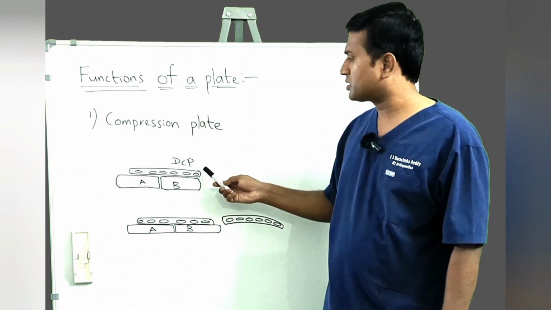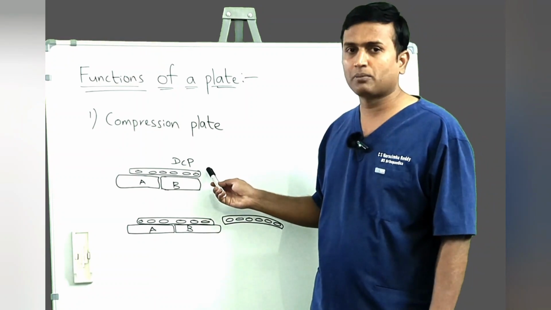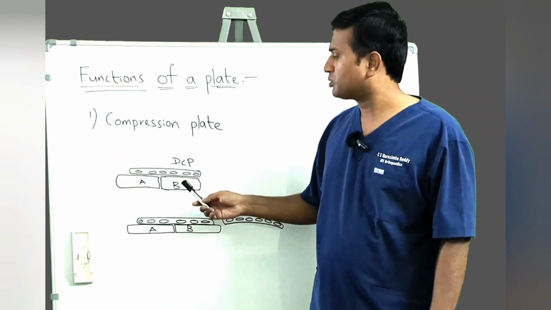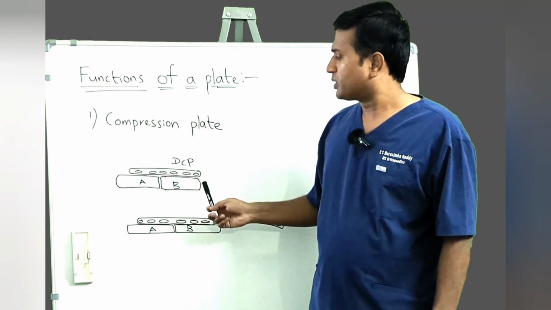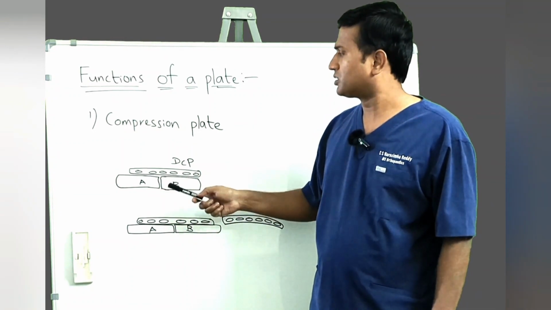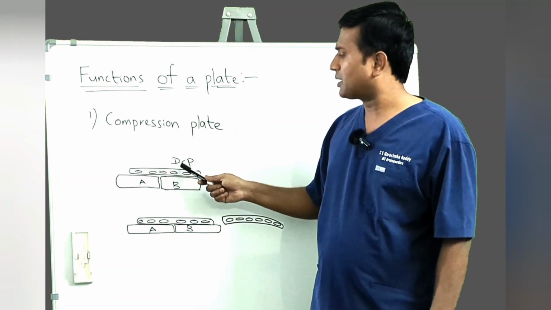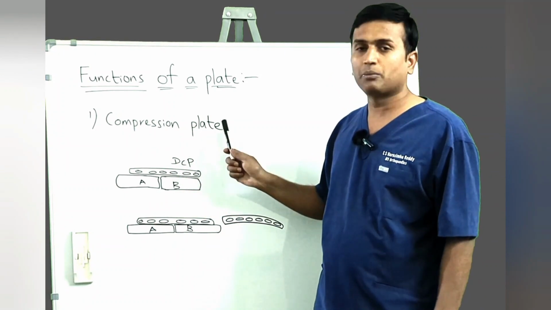The first is by using a dynamic compression plate over a fracture site. By using centric and eccentric screws, we can give compression at the fracture site. So we can use a dynamic compression plate as a compression plate.